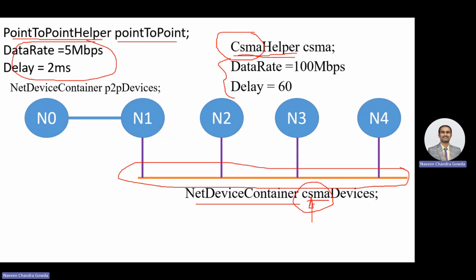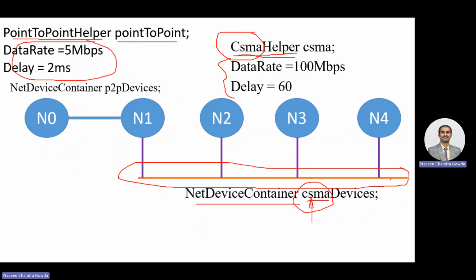It is the same as in a classroom: before you speak, make sure that nobody else is speaking. If somebody is already speaking and you start speaking, it will become a kind of disturbance, which is a congestion. So before you start accessing the carrier, make sure that nobody else is accessing it. That is CSMA, Carrier Sense Multiple Access.